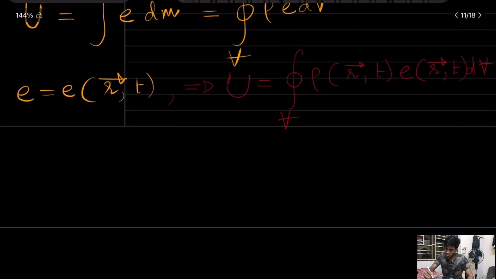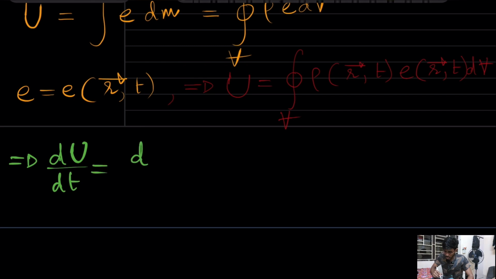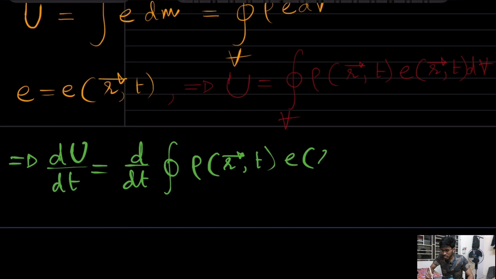So therefore my dU/dt is equal to d/dt of the integral of rho, that is a function of r comma t, times e, that is a function of r comma t, dV.